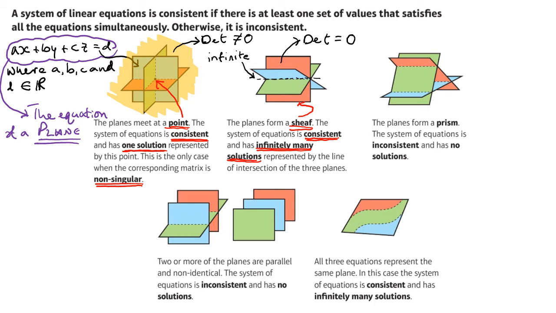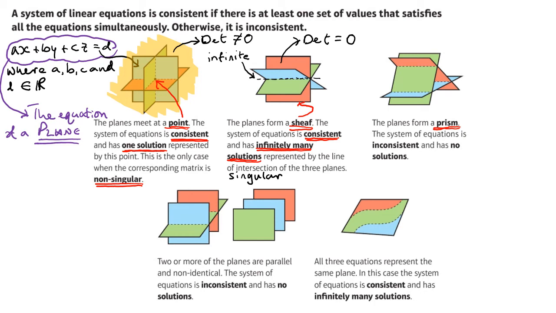And here this matrix would be singular. Okay, now the third one, this is called a prism. When the planes cross like this, you can see that pairs of planes cross, but all three planes do not cross at a single line or a single point.